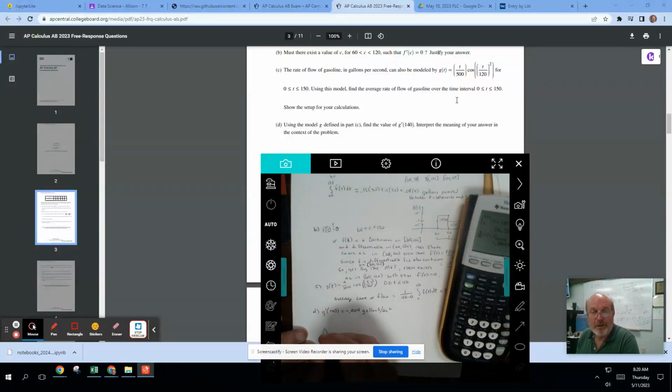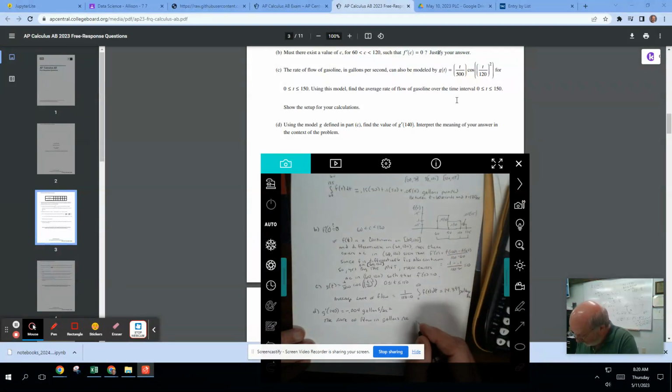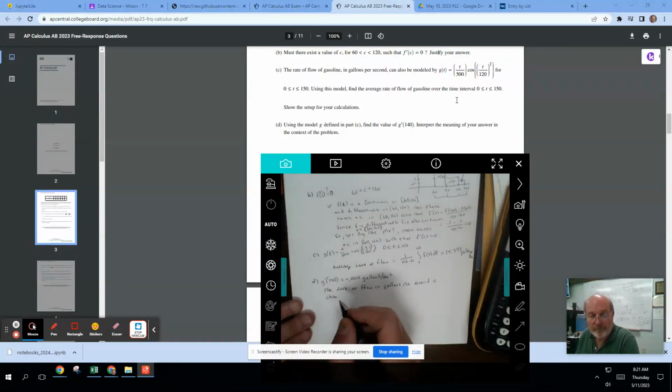So interpret the meaning of your answer in the context of the problem. The rate of flow in gallons per second is changing, decreasing.